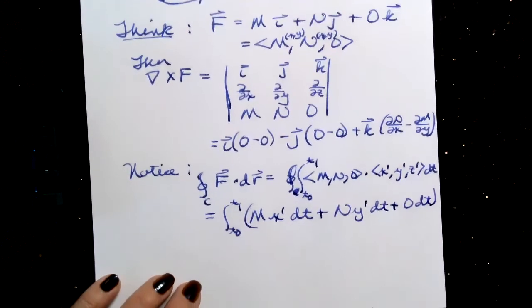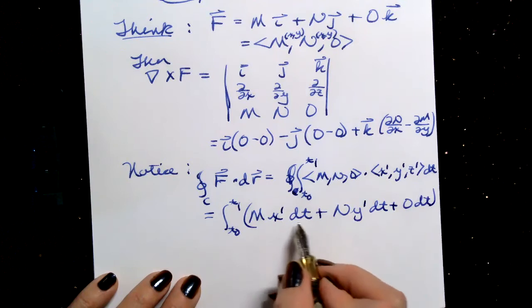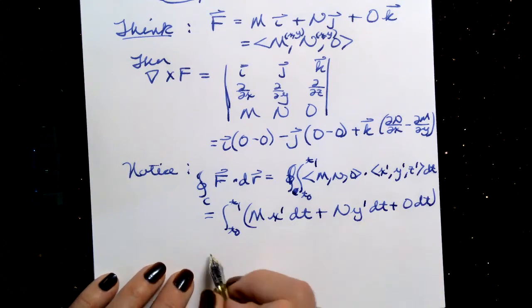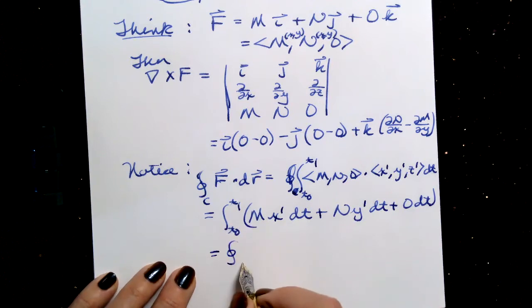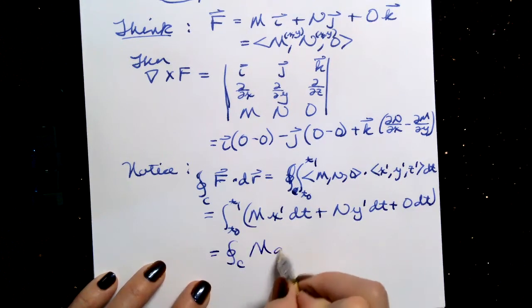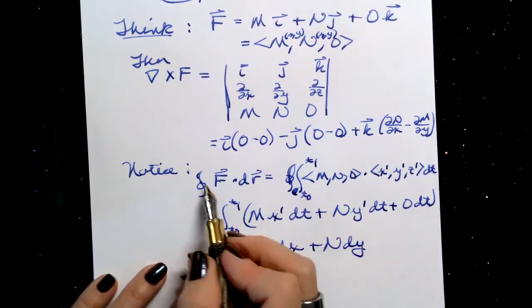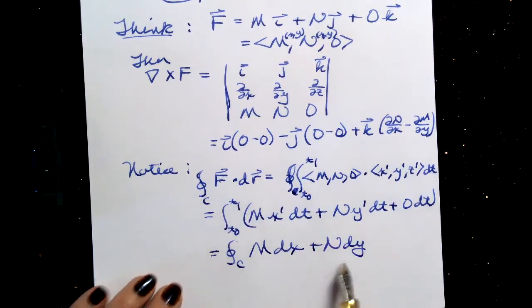Okay, so x prime of t dt we can write as dx, y prime of t dt we can write as dy, so this is exactly the same thing as the line integral of M dx plus N dy. Okay, so this notation right here is the same as this piece.